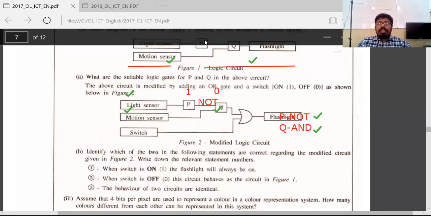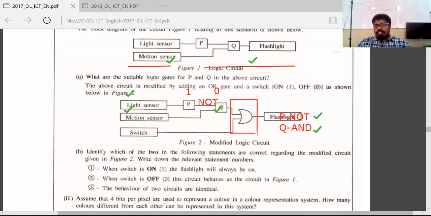When you provide an OR gate, you must realize that when one of these inputs is true, the light will be on. So when the switch is on, the flashlight will always be on.